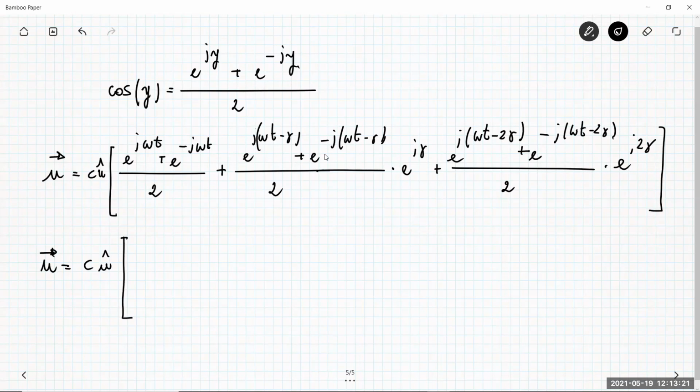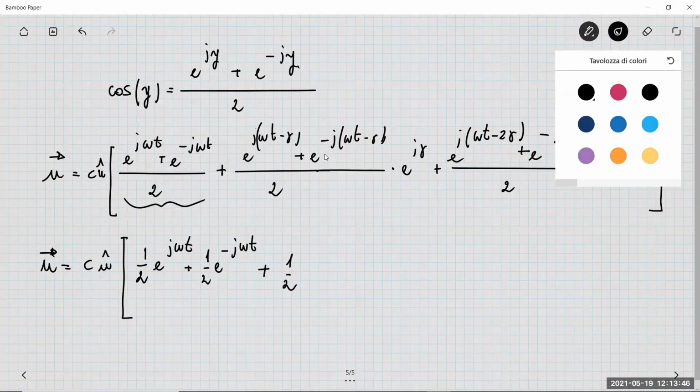So you can have one half e^j omega t plus one half e^negative j omega t, which is the first part. Then the second one is one half.